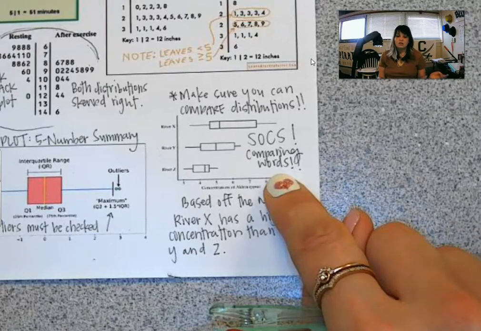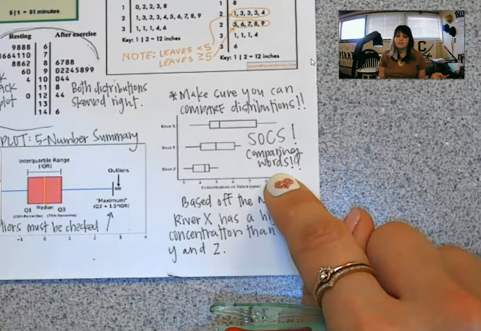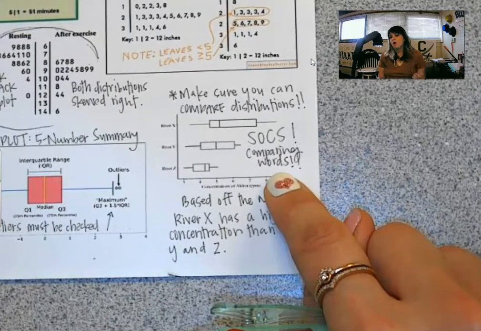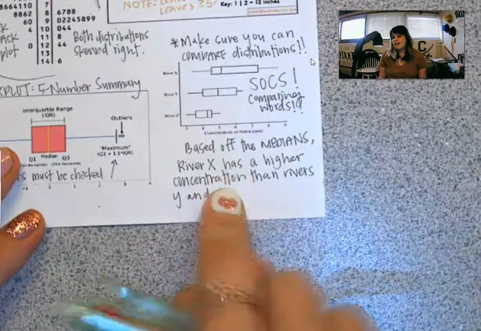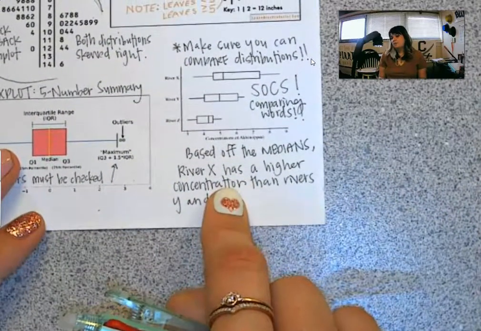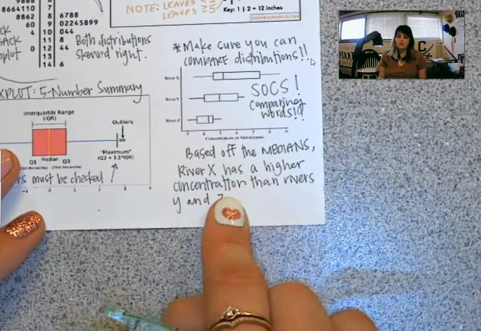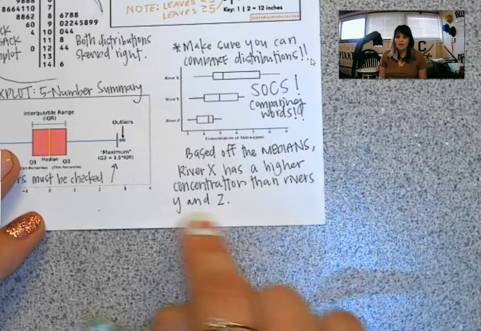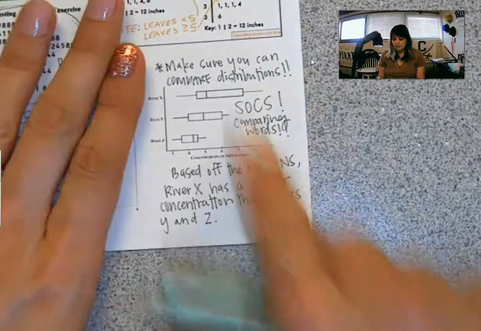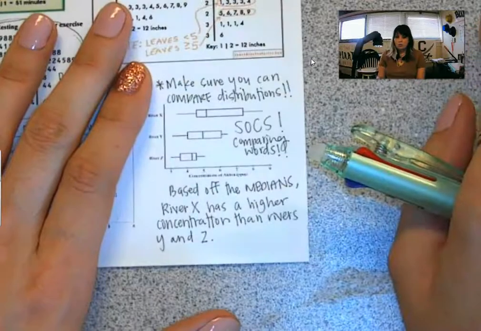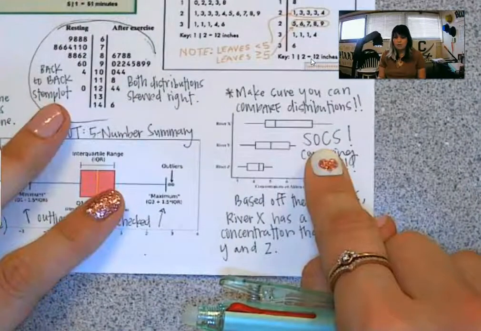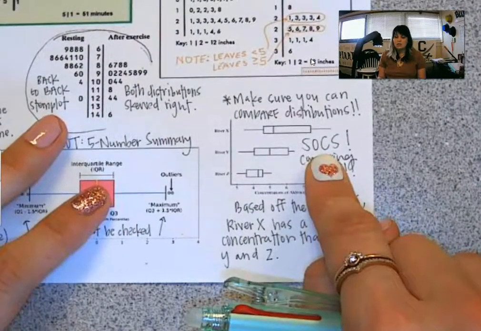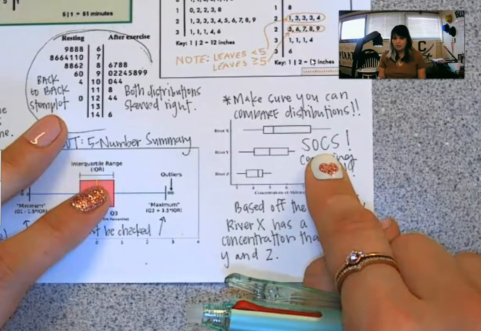So the concentration for river X is typically greater than for Y and Z. And then I have that written down here. Based on the medians, river X has a higher concentration than rivers Y and Z. So this is reminding you, when you make comparisons, whether it's for a stem and leaf or it's for a box plot, you need to use comparing words and do SOCS.